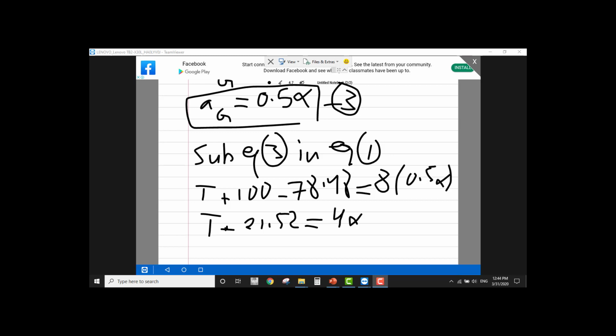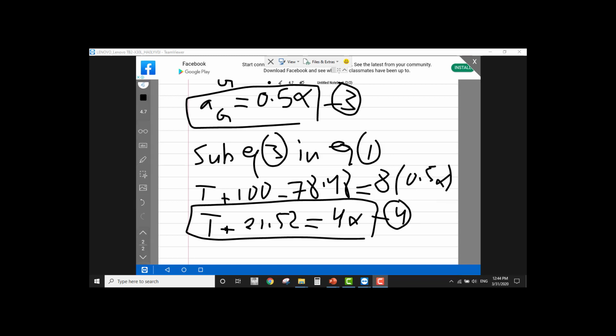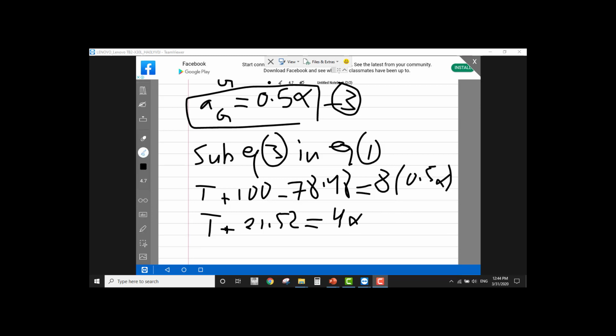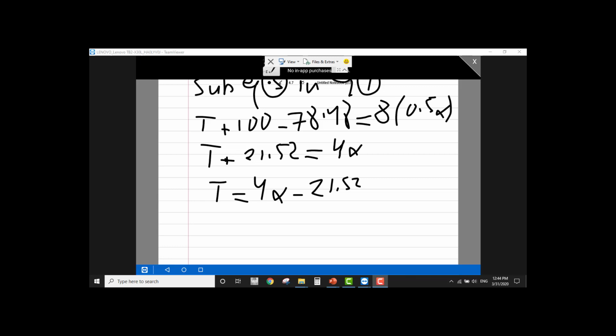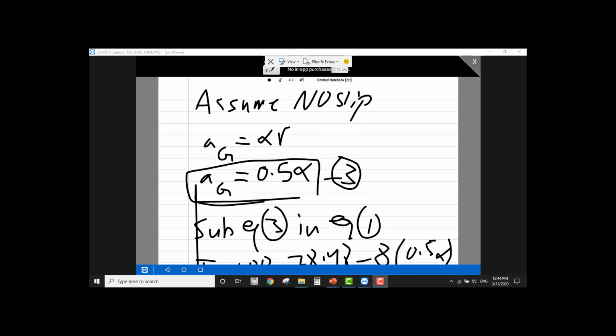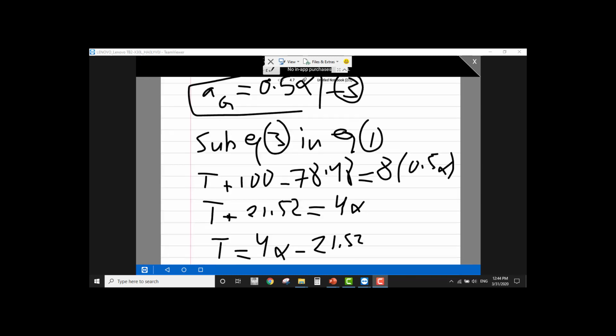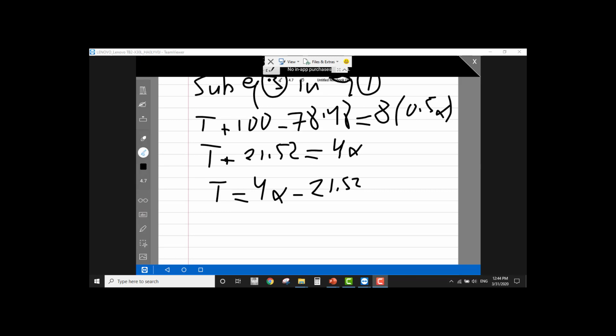Here, how many unknowns do we have? We have 2 unknowns. Let me rearrange it. T equals 4 alpha minus 21.52. Now I can name it equation 4.